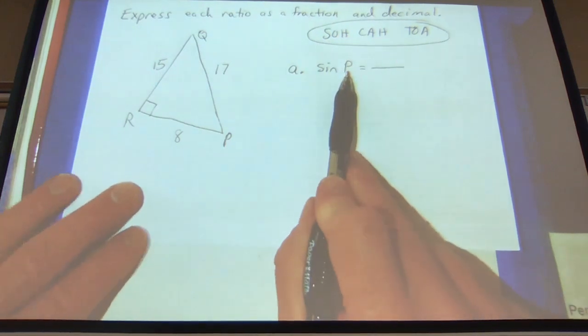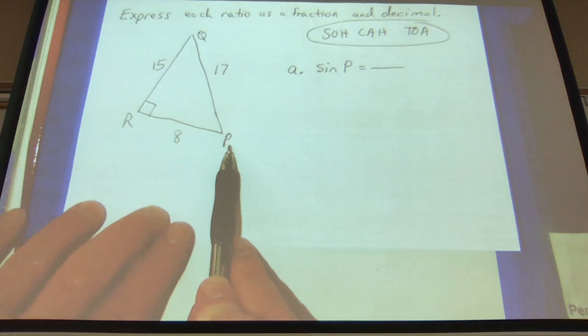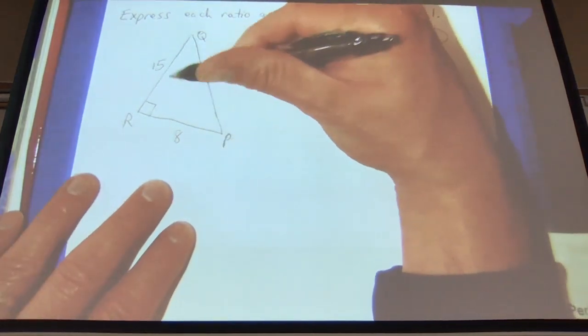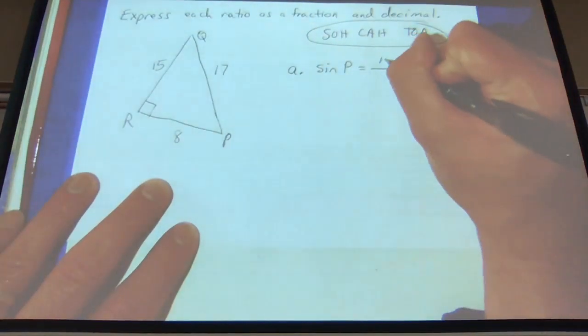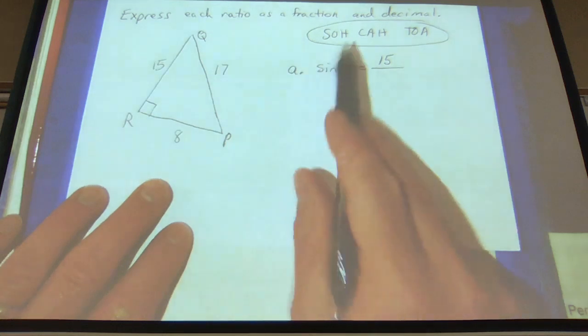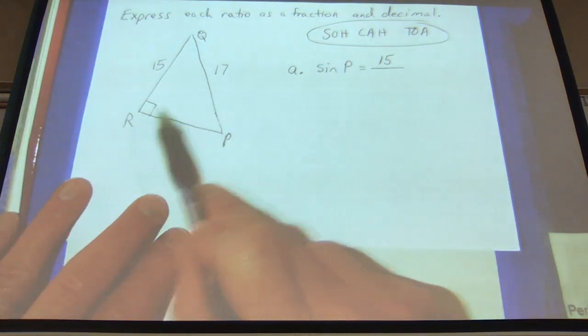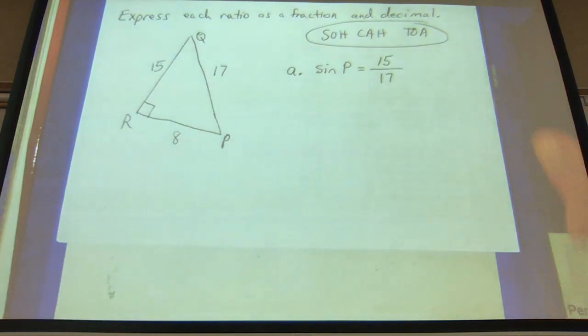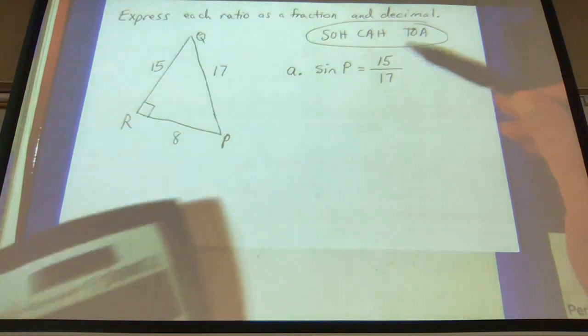So they want angle P. If I go down here to angle P, I'm going to put opposite over hypotenuse. From angle P, if I go across, the opposite side is 15. And then on the bottom goes the hypotenuse, across from the right angle, which is 17. There would be your ratio as a fraction.